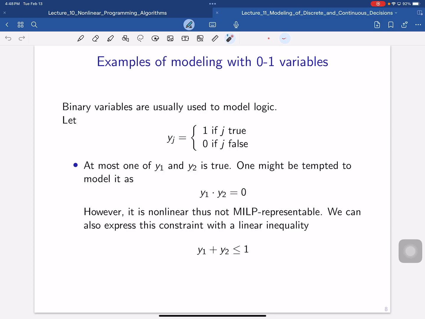I would argue that this nonlinear constraint is equivalent to this linear constraint: at most one of y1 and y2 equals 1, that means y1 plus y2 is less than or equal to 1. These two things are equivalent. A nice thing is that this constraint is MILP representable. You can write it as a linear constraint.